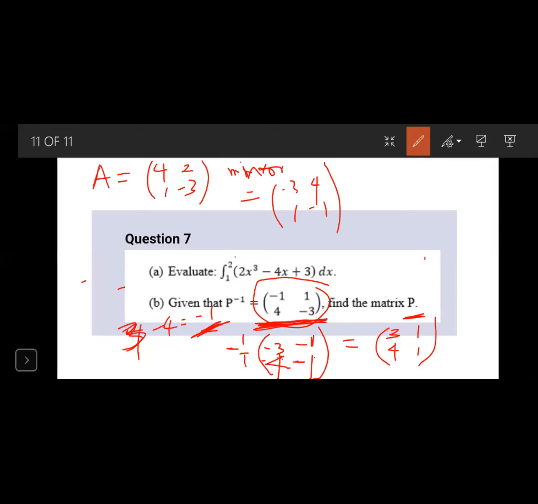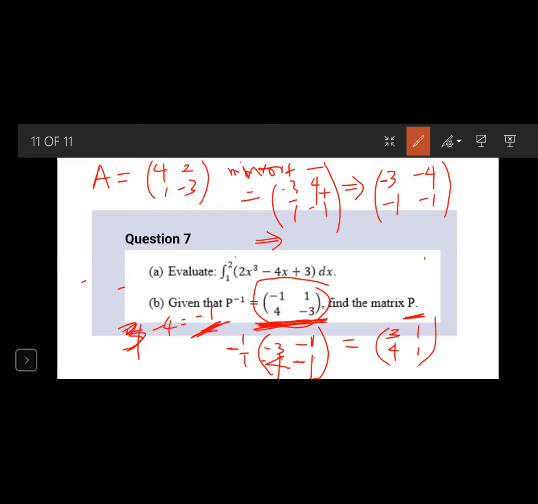The next thing, put your cofactor signs: plus, minus, minus, plus. It will give you -3, -4, -1, -1. The next thing, find the adjoint.